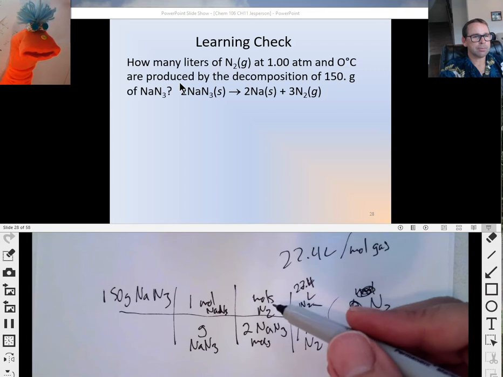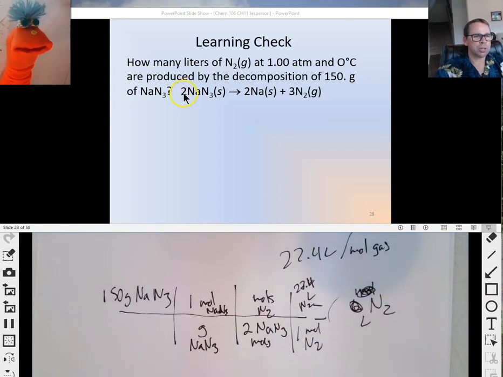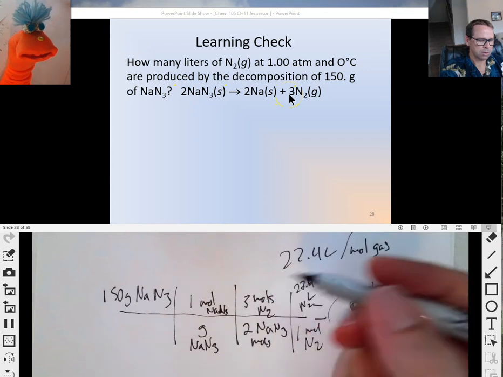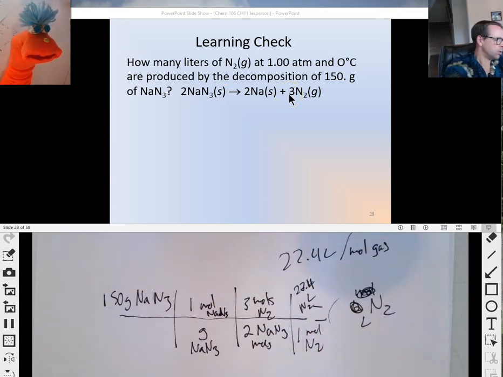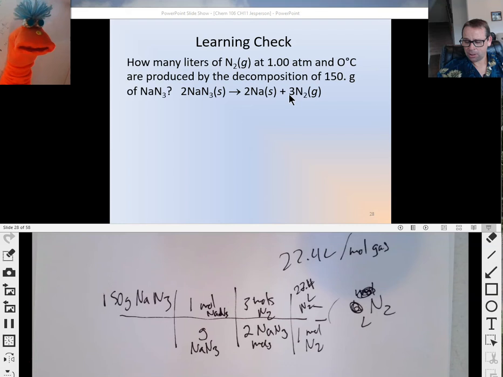All right. Our stoichiometry shows that it's 2 to 3 here, so 3 moles up there. Do you know the molar mass of sodium nitrite? I don't. It's 65 grams per mole.